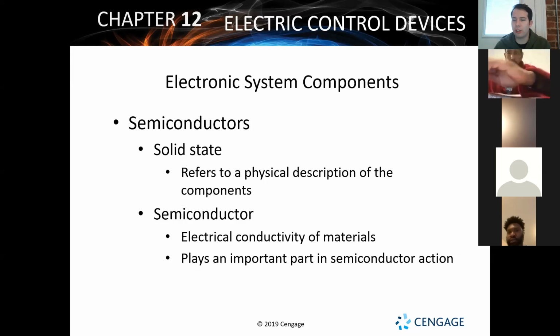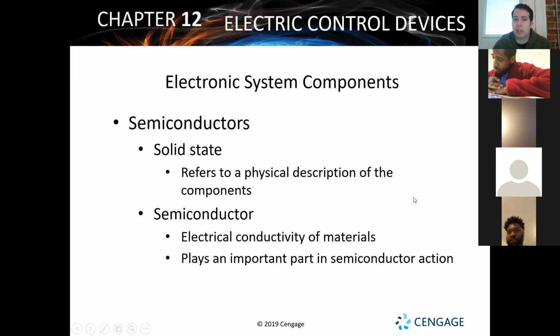Instead, it just has a semiconductor that knows this is the amount of time the electricity should take to pass through here, and it'll automatically be delayed through that. So semiconductors are very much the basis of the electric devices that come about with electronic controls.